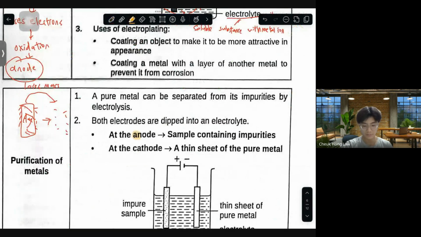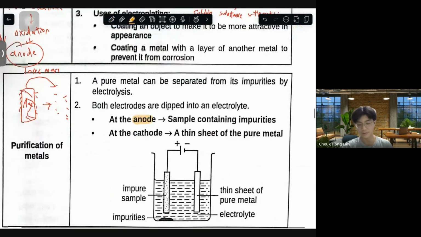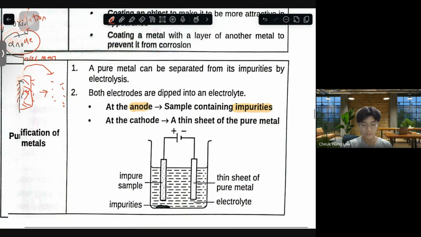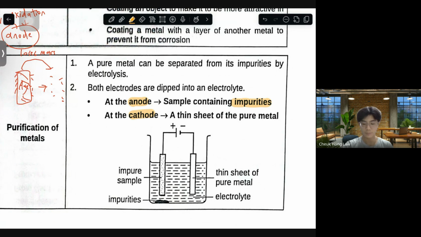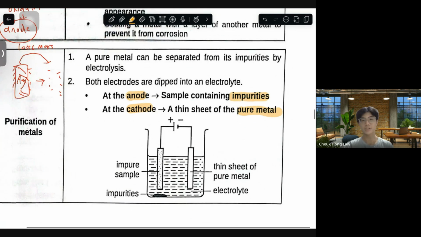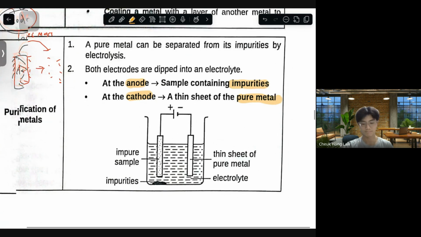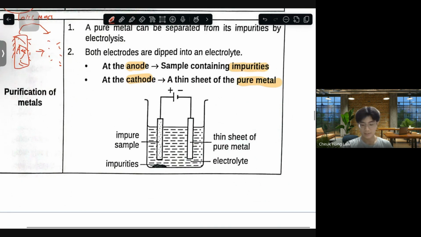At the anode will be your sample containing impurities. And then at the cathode, it will be the actual pure metal, a thin sheet of the actual pure metal. That means this one has no impurities, the pure metal, and this one has impurities. This is your anode, this is your cathode.